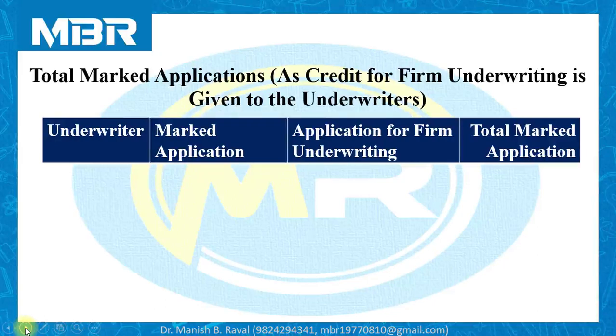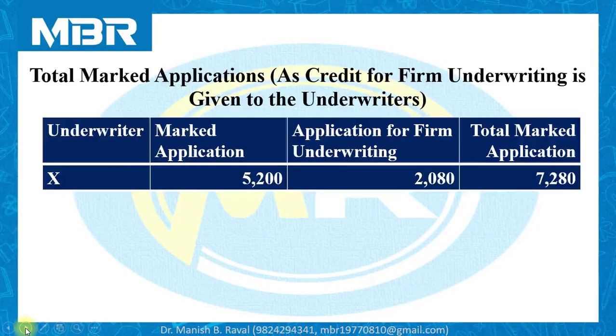Obviously, this application is made by underwriters only, and as we have decided in the second situation that we would like to provide credit or benefit of firm underwriting to the individual underwriters, we have to give them benefit of their own firm underwriting. And last column, total marked applications.